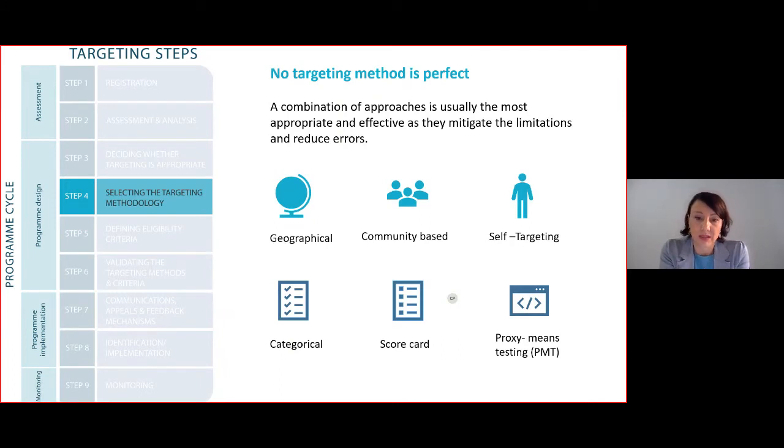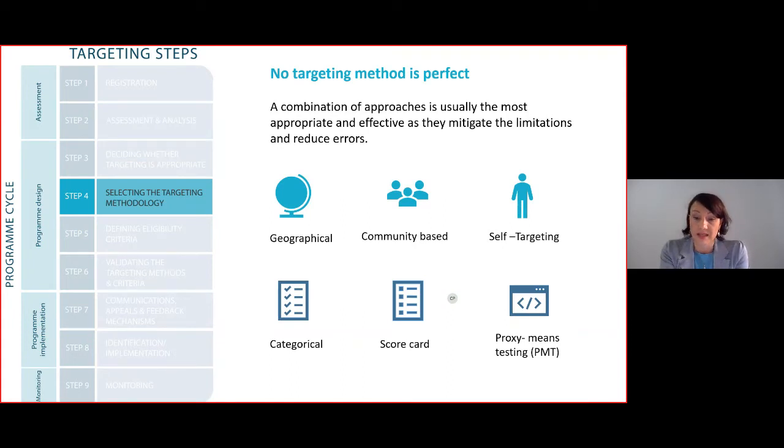The difference between categorical targeting and the scorecard is that with the scorecard, for each case you have specific indicators with some weights, and the households or cases are ranked based on their vulnerability. Everybody has a score, and usually this comes from a census or information that you have collected for the entire population, so it can be pretty expensive and time consuming.